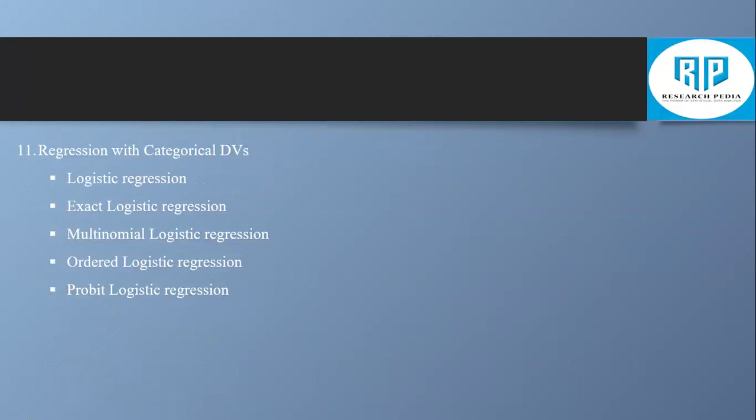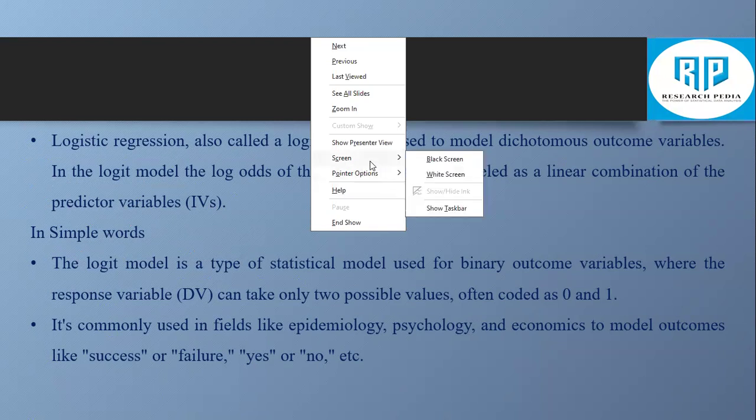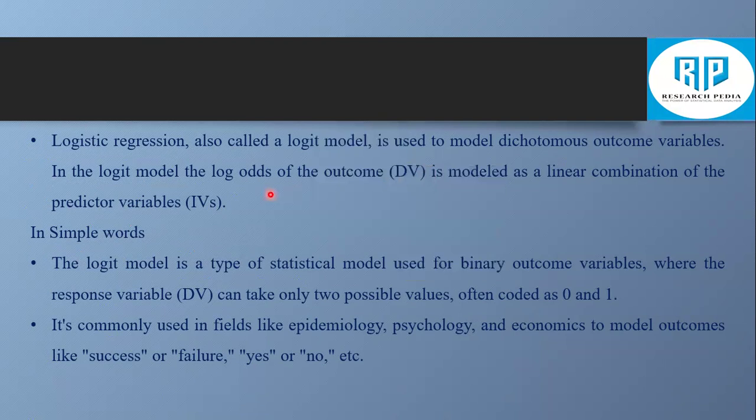Regression with categorical dependent variable includes logistic regression, exact logistic regression, multinomial logistic regression, ordered logistic regression, and probit regression. First of all, you need to understand what logistic regression is, why it is used, and in what circumstances we need to use it. So you need to understand the concept.